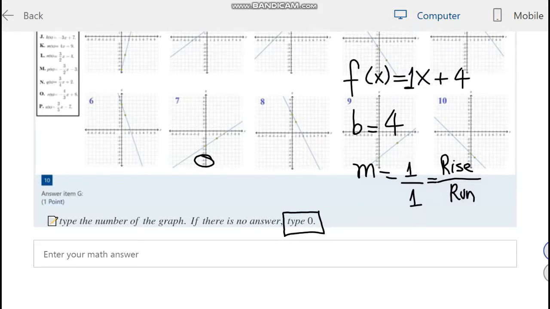I'm just making this a little bit more difficult. It would be too easy, because you can see the y-intercept and find the graph. But I actually want you to check both the y-intercept and the slope. Okay?